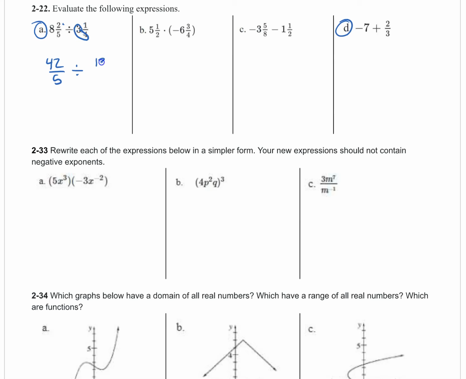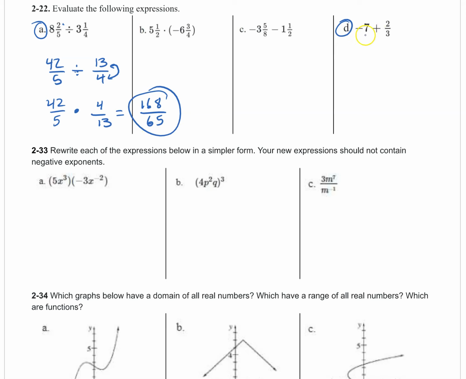Add 1, that makes 13, all over the original denominator of 4. Okay, and then when you divide by a fraction, you keep the first, you change the sign, and you flip the second. And then let's multiply straight across. 4 times 42, that's going to be 168, and 5 times 13 is 65.